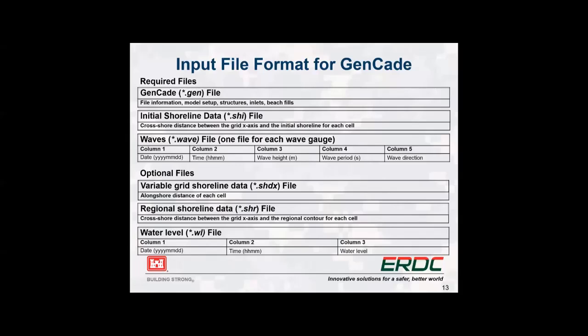And then the contour is added back into the final result. So what would happen if you didn't have a regional shoreline and you just ran GenCade indefinitely is it would trend towards just a straight shoreline. So the regional contour is a pretty heavy tool to allow you to modify what the long-term trend of the shoreline will be.